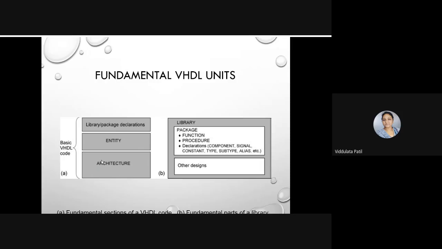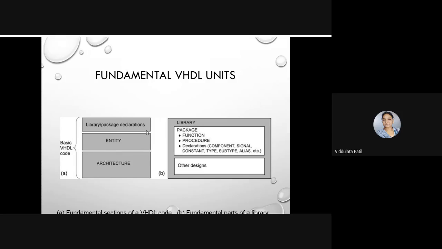When these three units are present in the code, we can say that it is the basic VHDL code. So the first part is the library or package declaration, then entity declaration and architecture declaration. These three units will be there in each and every VHDL program.